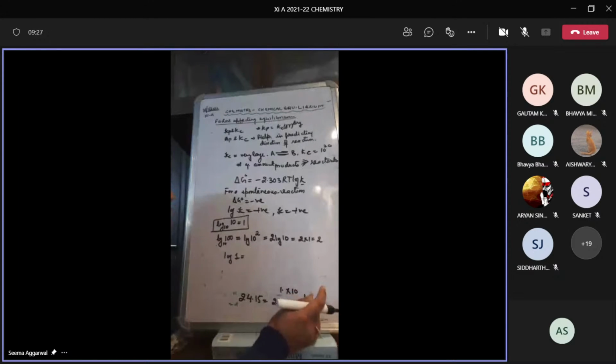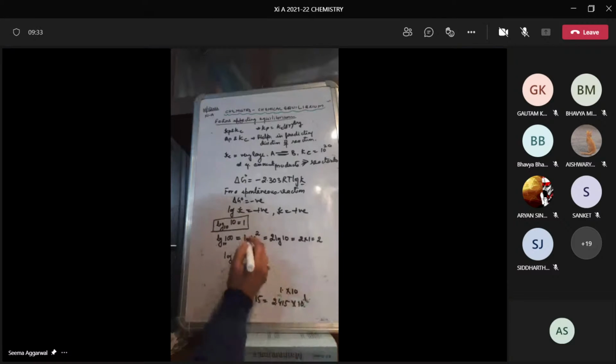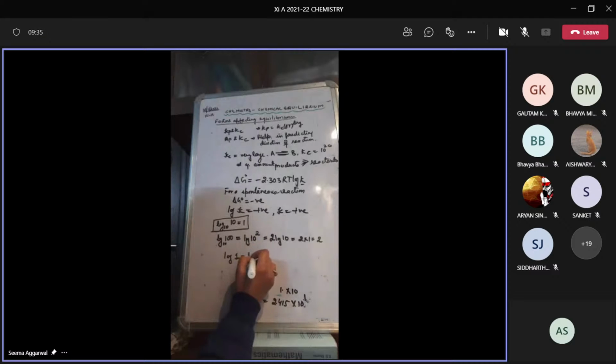So whenever we are taking the log, we try to convert it into scientific notation. So log 1 means log of 1.0 into 10 to the power 0. I write this power before, 0 plus log 1.0.